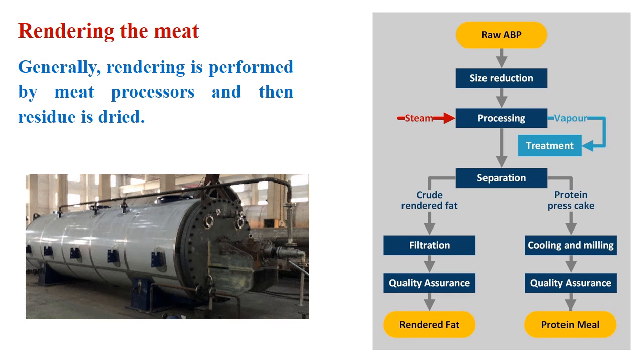So in the right side diagram briefly it is given the raw material, there will be cutting into pieces, then it undergoes high temperature processing under steam, and then the fat and proteinaceous part gets separated. The fat portion is stored separately and the protein portion after drying undergoes milling and we can get the meal. So there we can get meat meal, bone meal, blood meal, and on the other side we can get different fat. Both of them are separately added or used for the pet food manufacturing.